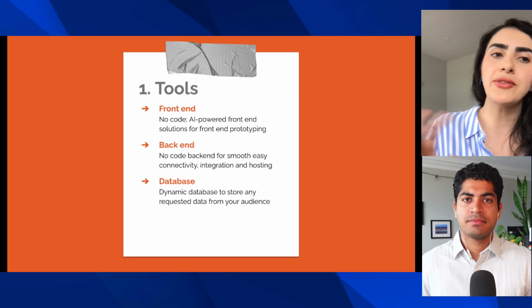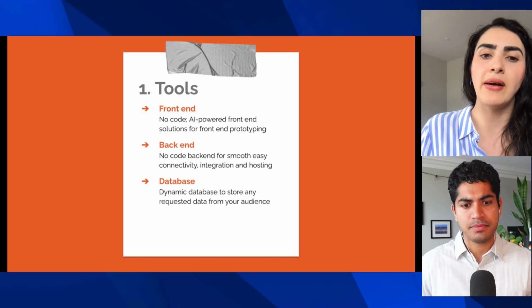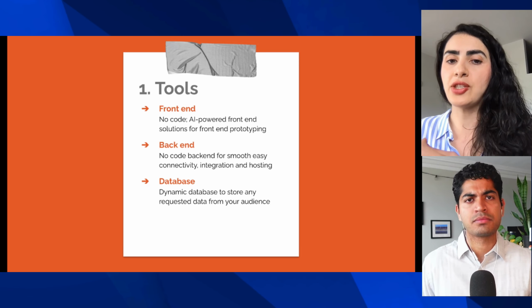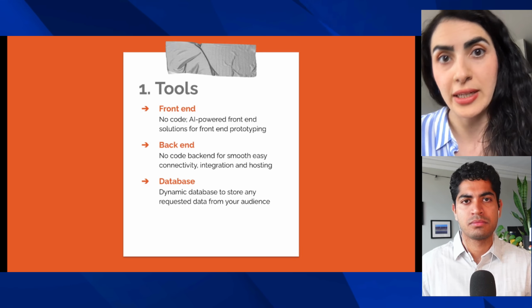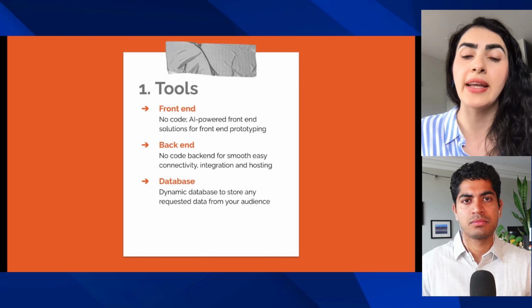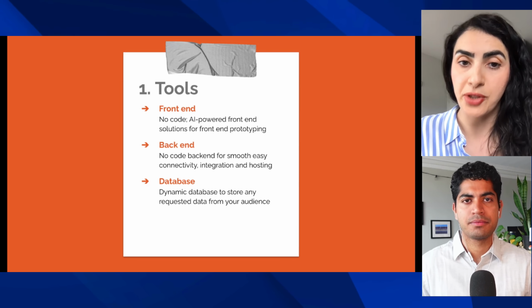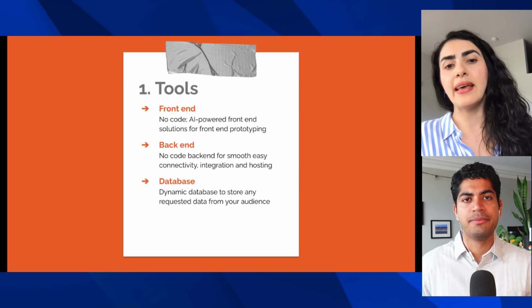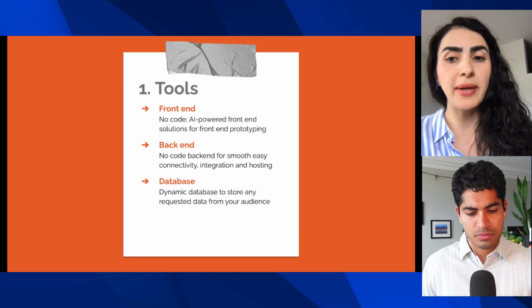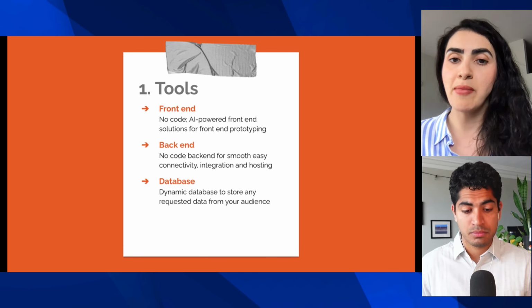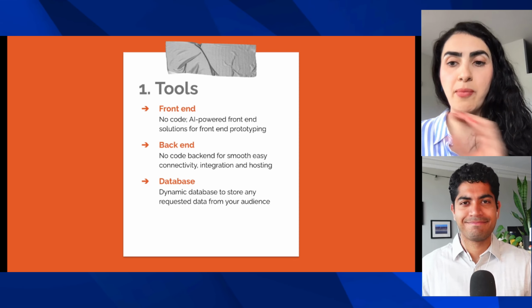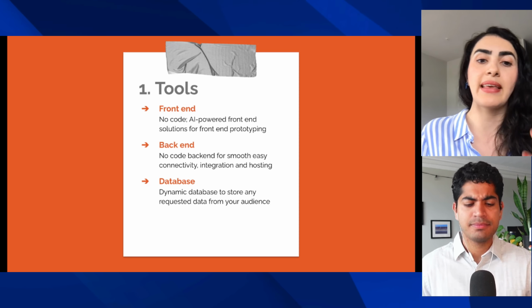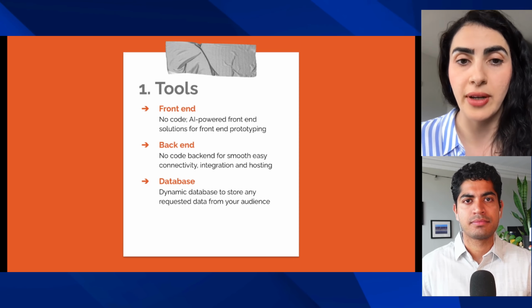I'm also going to talk a little bit about the limitations of some of the AI-powered tools, and if you do want to actually host your website, what are some of the backend options available? And if you want to build a database behind it, if this is a dynamic website, what are some of the things you can do? I'm now focused on the backend and database, and these can be topics for us to discuss more in the future.